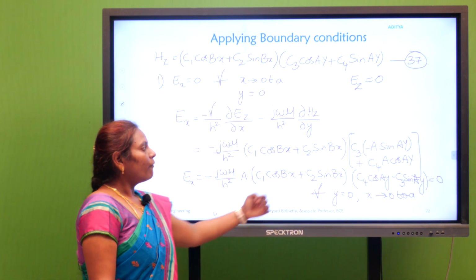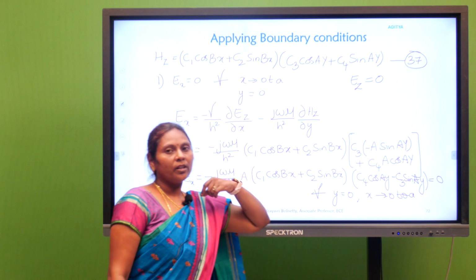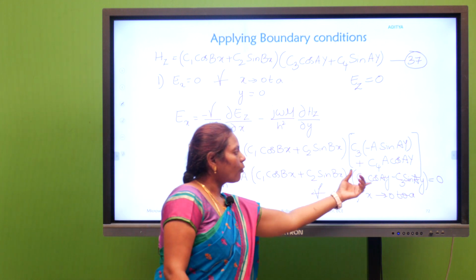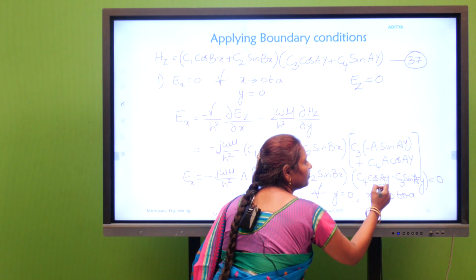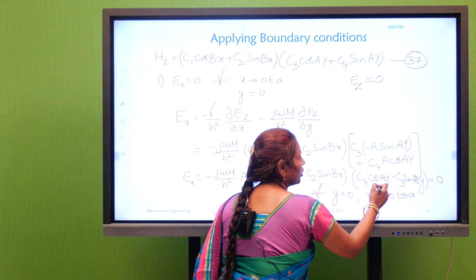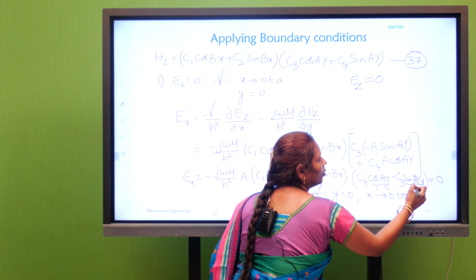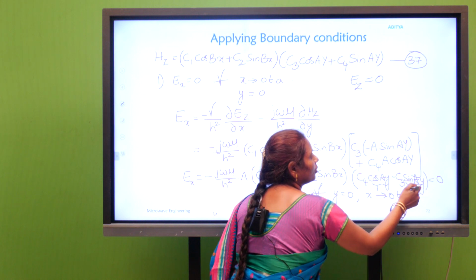That means we need to substitute y is equal to 0 here. If we substitute y is equal to 0, cos ay becomes cos 0 whose value is 1, and sin ay becomes sin 0 whose value is 0.